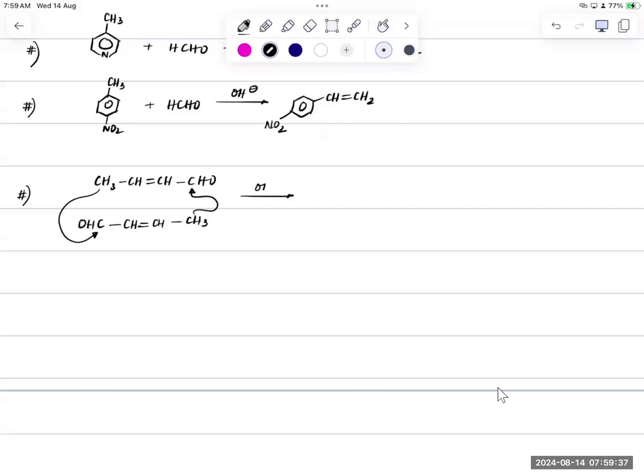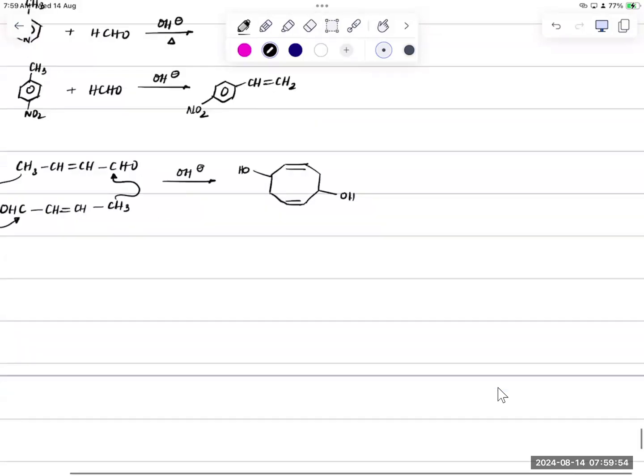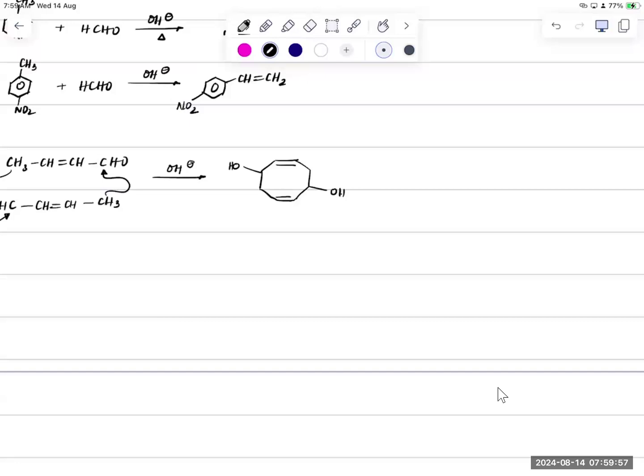As it attacks in the presence of OH minus, we will get a cyclic structure of an 8-membered ring like this, with the already existing double bond, and OH and OH forming. If you treat this with OH minus to make a condensation, you know that elimination will happen, OH and H will go, double bond will form. You'll get double bond, double bond, double bond, and OH.